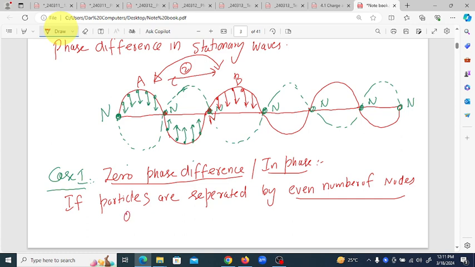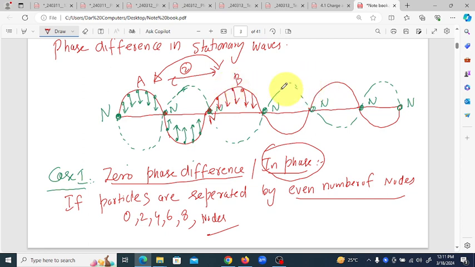Even number means 0, 2, 4, 6. If we have a difference of 0, 2, 4, 6 nodes, then the points are in phase. So A and B are in phase because the difference between these 2 is 2 nodes.